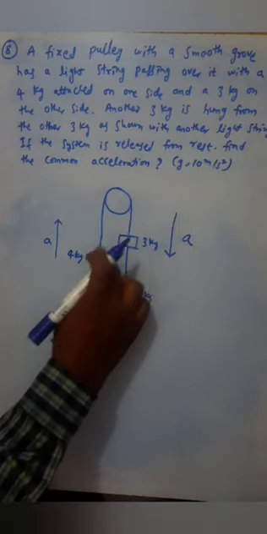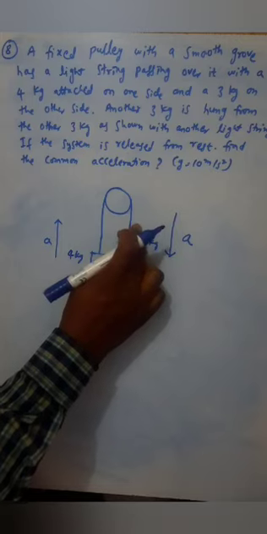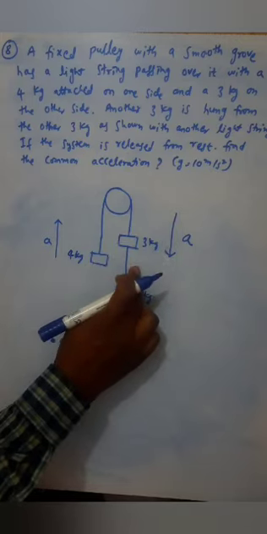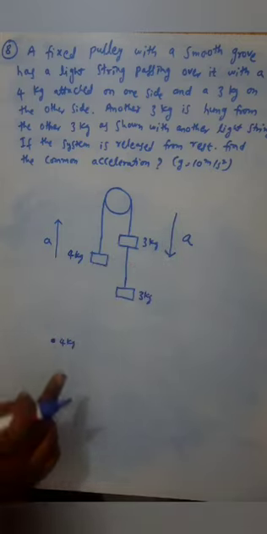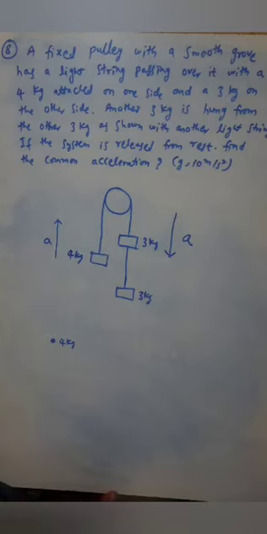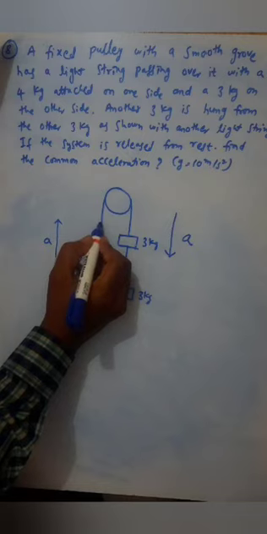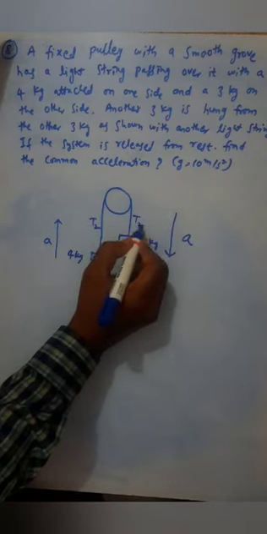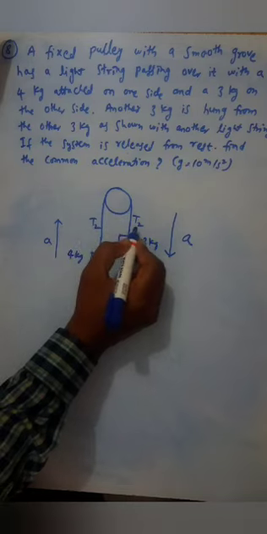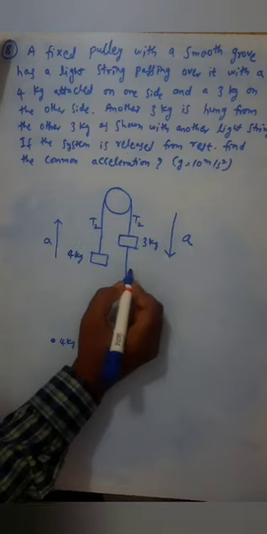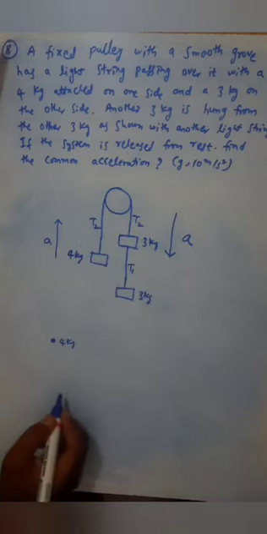From here to here it is the same string, so the tension is T2 on both sides. This string is a different string, so in these strings the tension is T1.